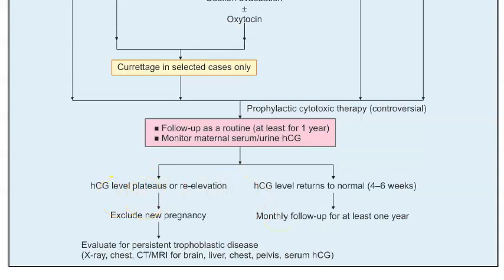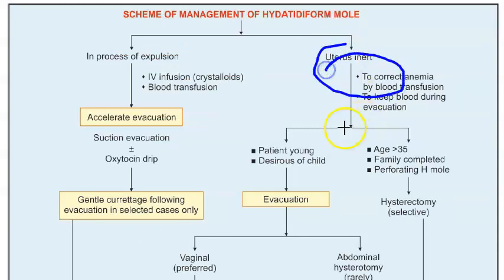If it returns to normal, good. Otherwise, you will have to exclude new pregnancy, check if she's pregnant again, etc. Or you will have to check if it is a persistent trophoblastic disease, okay, and if it is metastasizing, etc. The other condition here is if the uterus is inert, then you will not go into evacuation immediately.